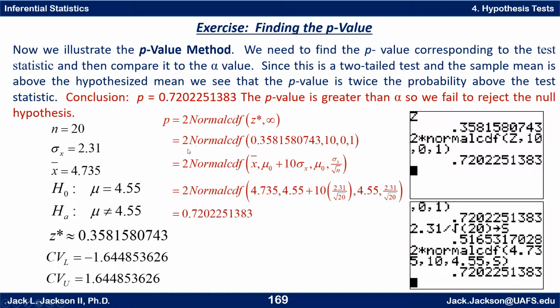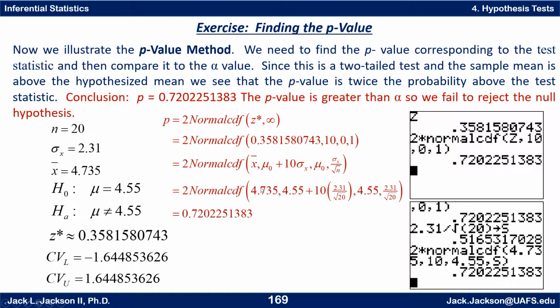So that's 2 times normal CDF, there's the z value there. And remember I told you for a standard normal, just use 10 instead of infinity. That's plenty big enough when it's 0, 1 here. Or we could do it directly from the X bar values and not even have to find a z-score at all. If we do that, that's 2 times normal CDF.